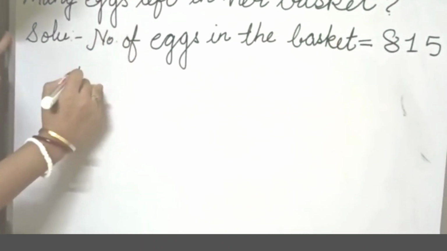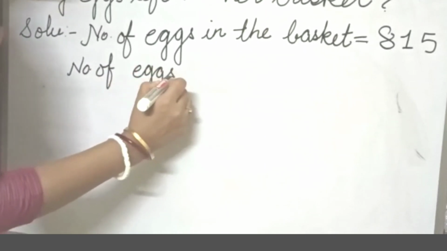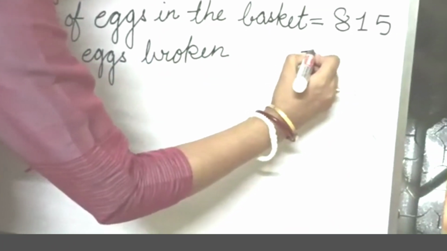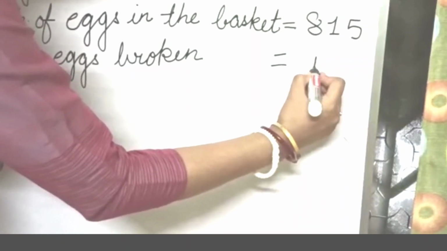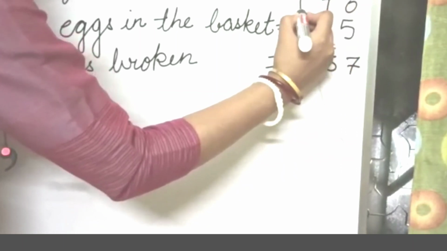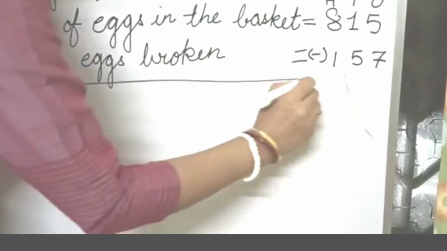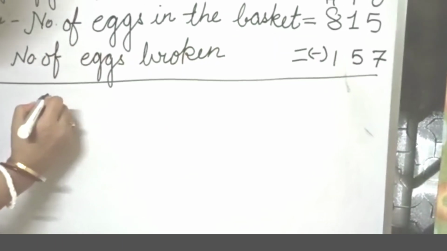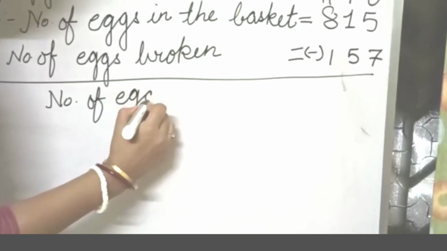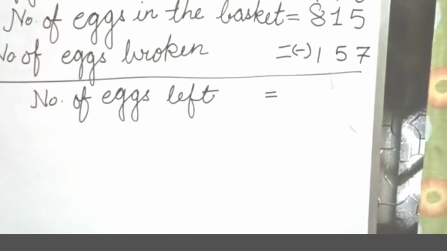Then number of eggs broken equals to 157. Ones, tens, hundreds and subtraction sign. Then you will draw a line and write down the sentence over here: number of eggs left equals to.